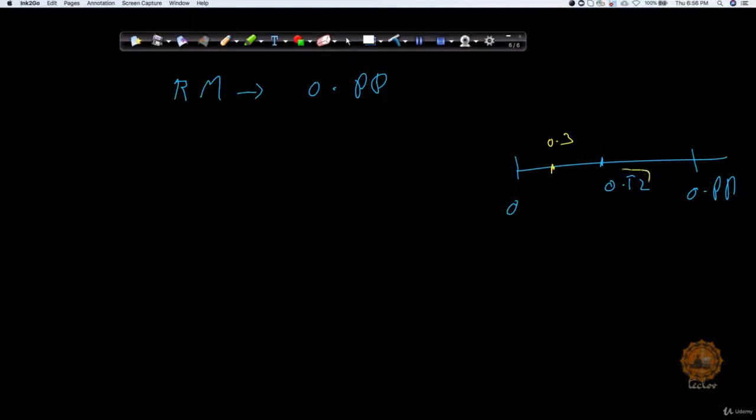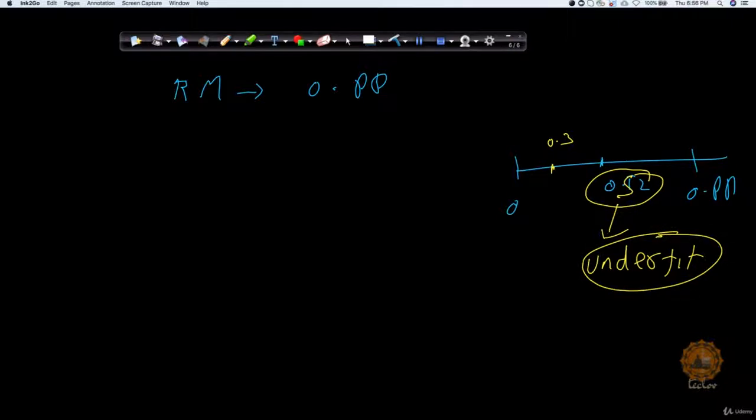So since I'm getting around 0.52, there is a chance that my logistic regression might be underfitting. Remember, logistic regression has a problem of high bias. So we got logistic regression which is taking us to 0.52.